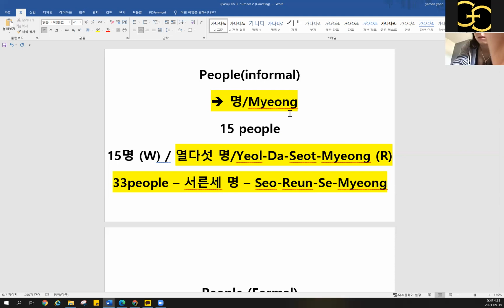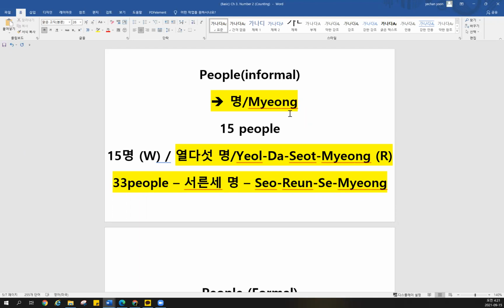If staff ask you and your group how many people came in, they will use the formal counting words.